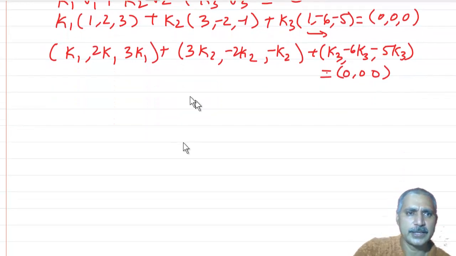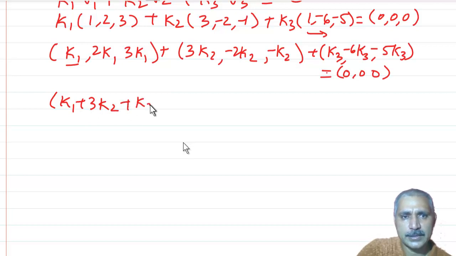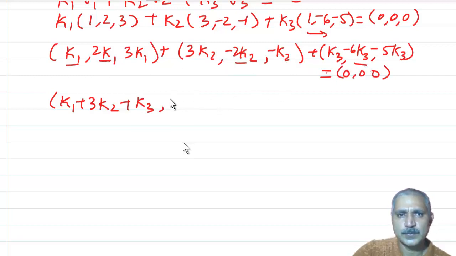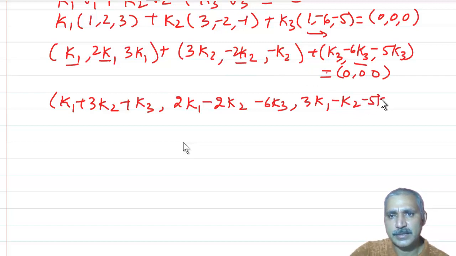We will be adding the corresponding elements. First with the first one: k1 plus 3k2 plus k3, comma. Second with the second element: 2k1 minus 2k2 and minus 6k3. The third part, that is 3k1, then we have minus k2 minus 5k3, that is equal to the 0 vector.